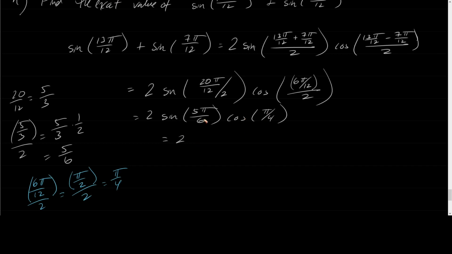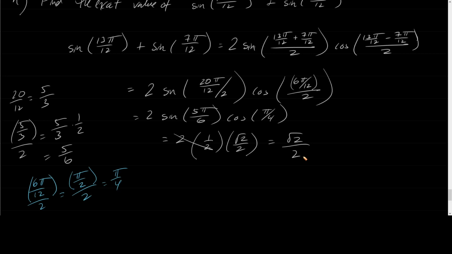These are actually in the unit circle. So sine of 5 pi over 6, that's 1/2. Cosine of pi over 4 is radical 2 over 2. And then 2 times 1/2 cancels each other out. So we're left with just simply radical 2 over 2.